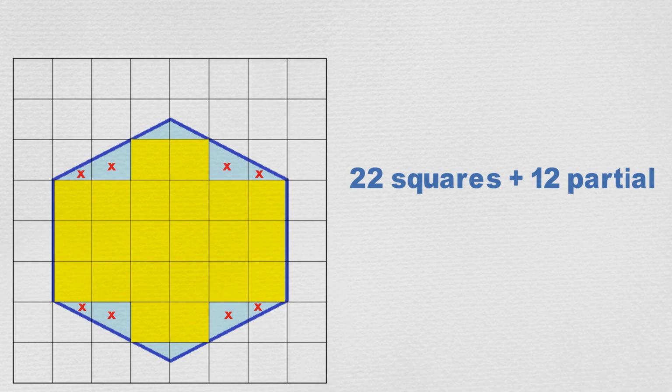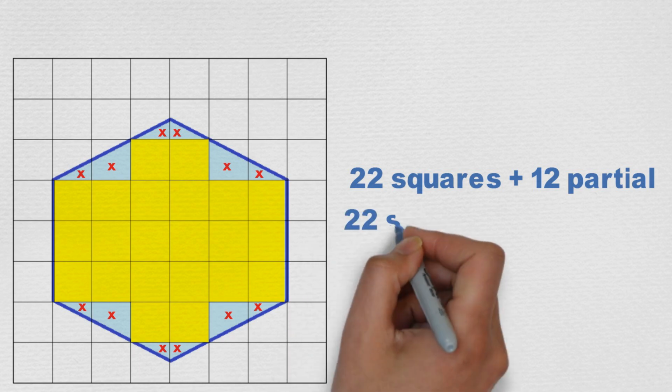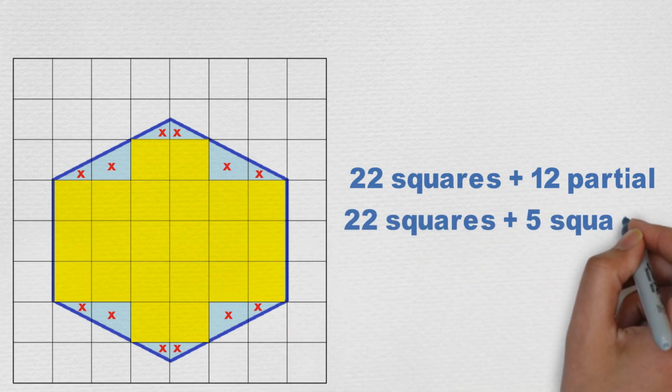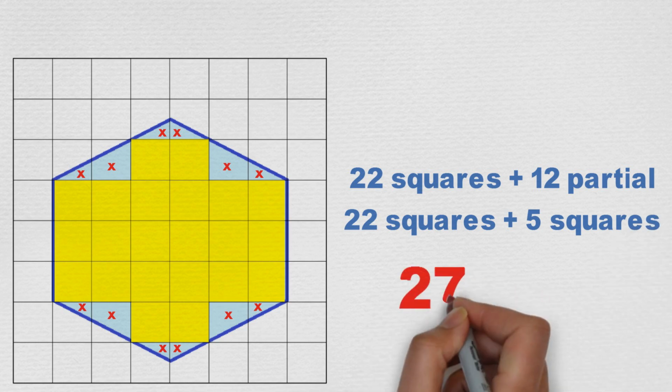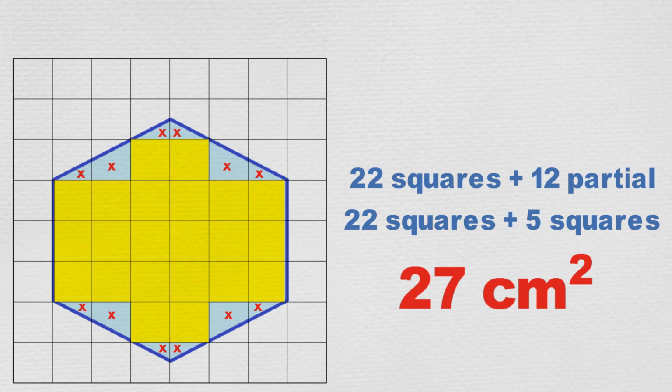The 4 small partial squares we are left with would add up to about 1 whole square. So I estimate that the partial squares will add up to 5 full squares, so the total area is about 27 squares, which is 27 square centimetres.